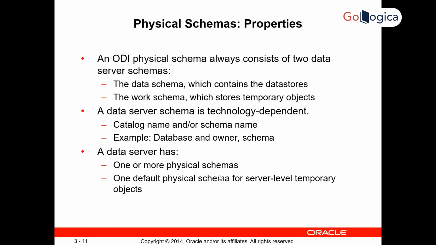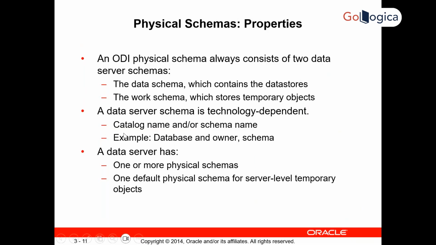The data schema is where the data tables reside, whereas in the work schema, the temporary objects which we create in ODI, like $E tables, $C tables, $I tables, are created for my integration process.